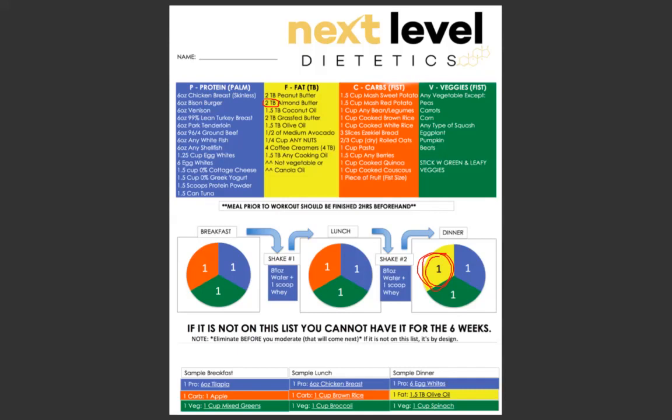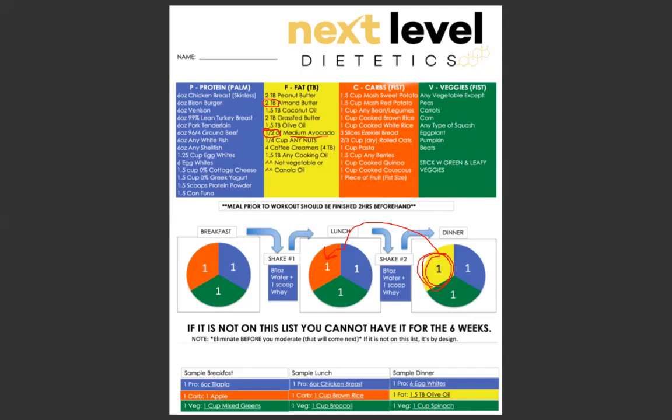Let's say this is something you have an easier time doing at lunch because maybe you work a night shift and you don't have that available, or maybe half of a medium avocado is what you choose to use today for your unit of fats. It is okay to substitute this with this. So your fat and your carbohydrates can be swapped only as long as you have the allotment.